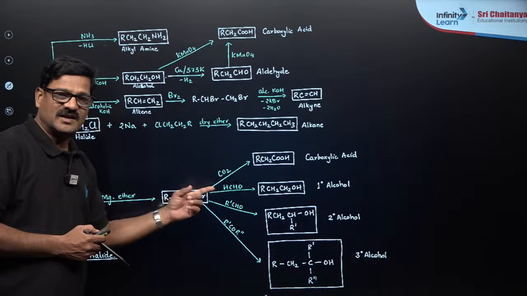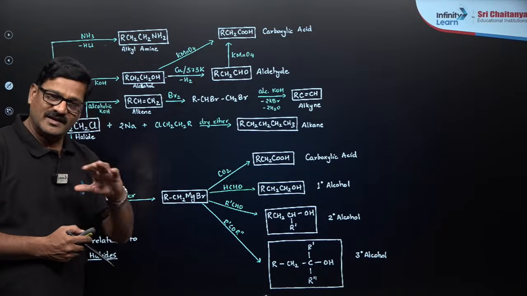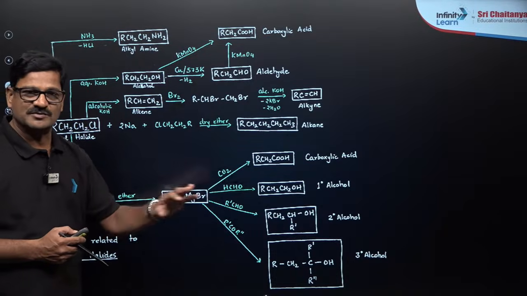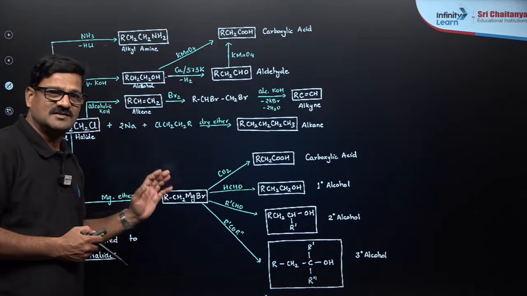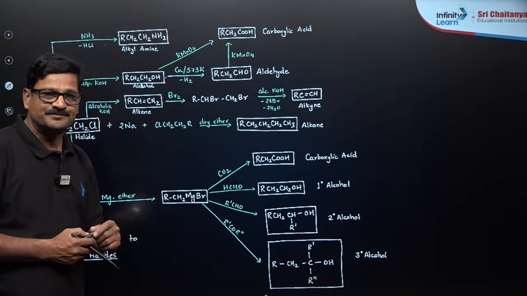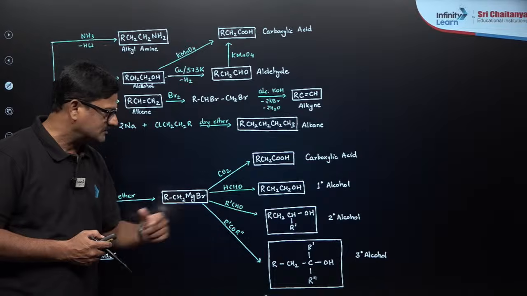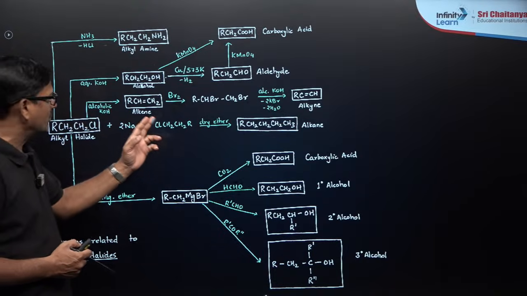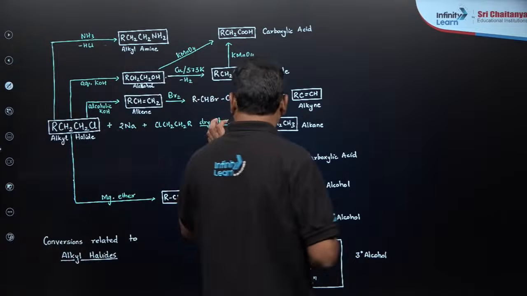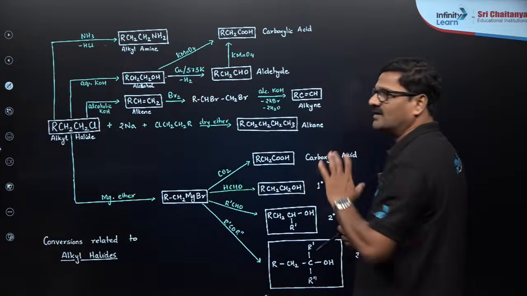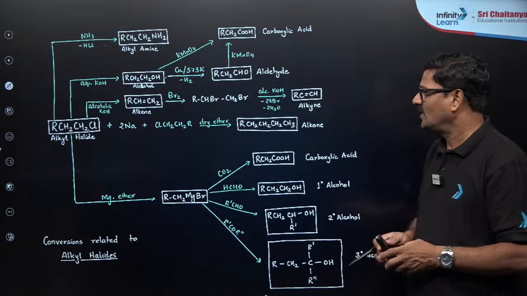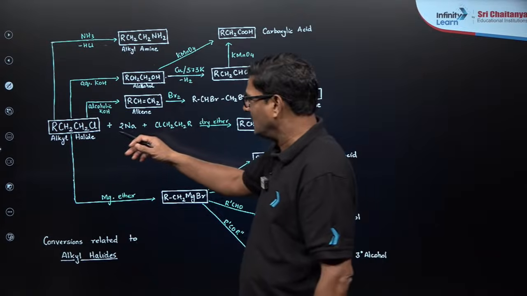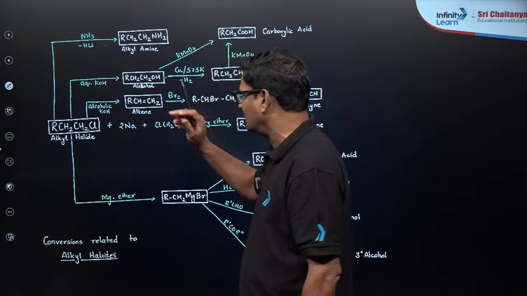Grignard reagent reacted with any aldehyde other than formaldehyde gives secondary alcohols. Grignard reagent reacting with ketone gives tertiary alcohol. And alkyl halide reacting with sodium and another alkyl halide is Wurtz reaction, and alkane is the product. And from alkyl halide you can get an alkene.